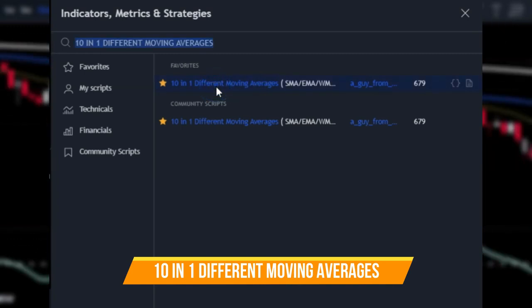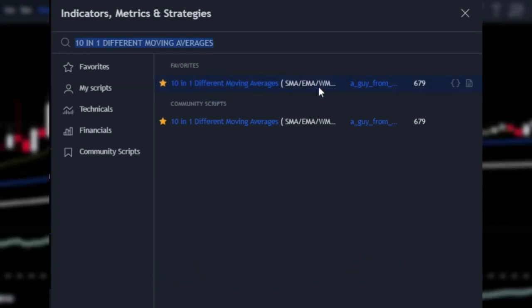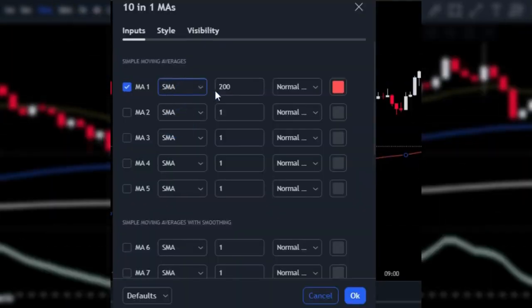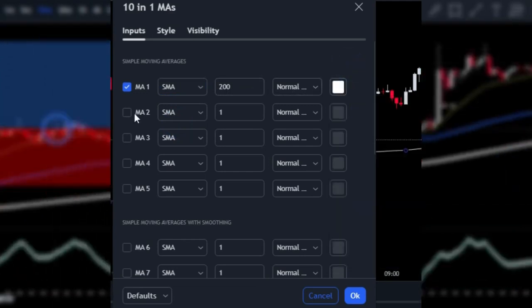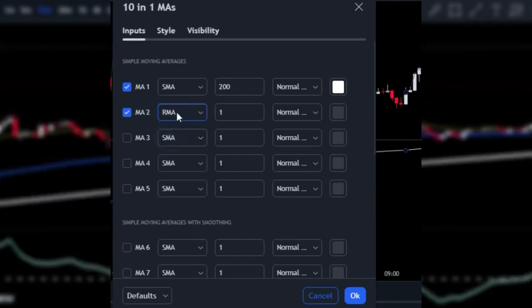I'll guide you through the process of adding 3 specific moving averages to your chart, just as I have done. Once that's done, I'll walk you through how to utilize them effectively to maximize your earnings using these straightforward tools.